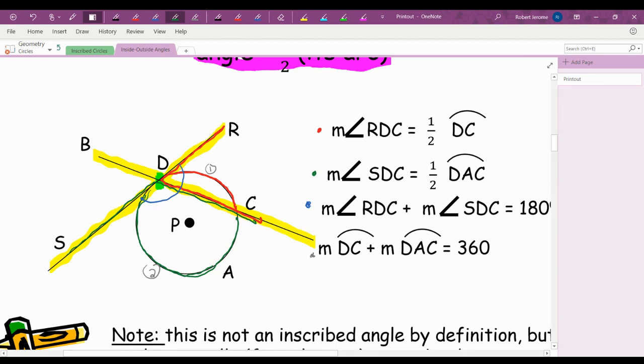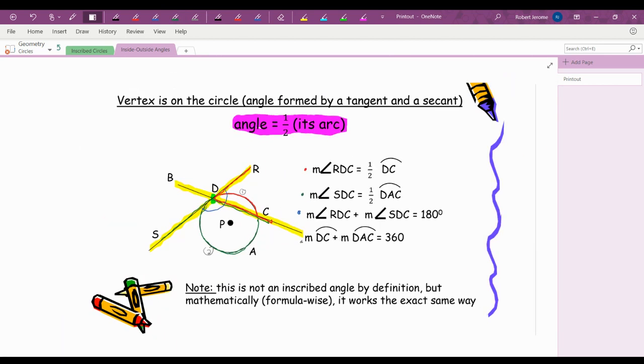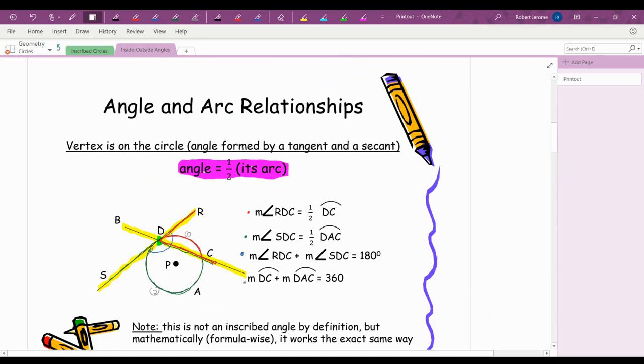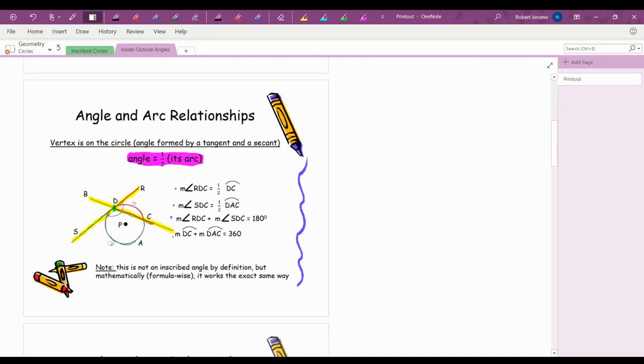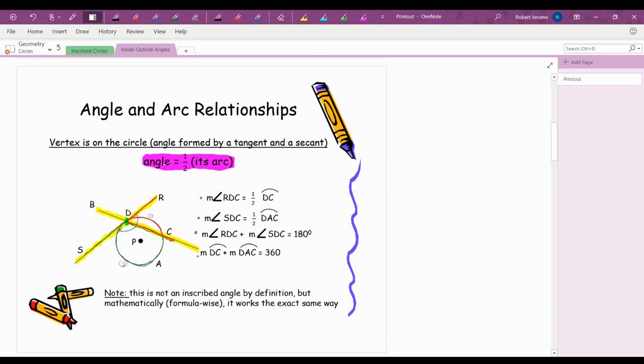So again, we can see the angles are half of the arcs. We can see this shown to us in a few different ways. Now let's keep in mind, these are not inscribed angles by definition, but they work the exact same way. Whenever the vertex is on the circle, the angle will equal half of its arc.